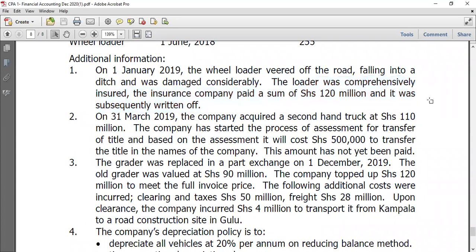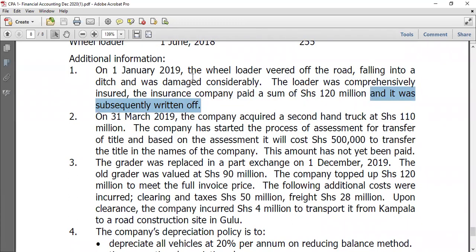Ours should be first to recognize what the insurance paid to us, and then also later on write off the balance.